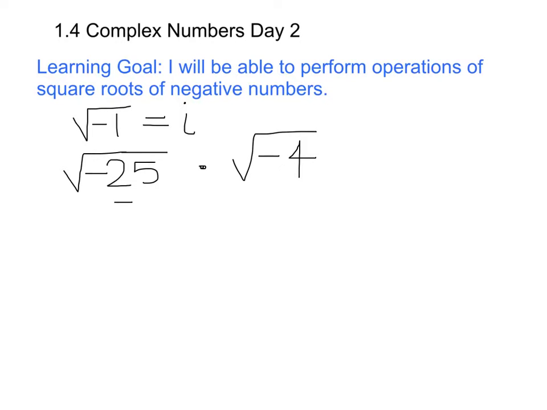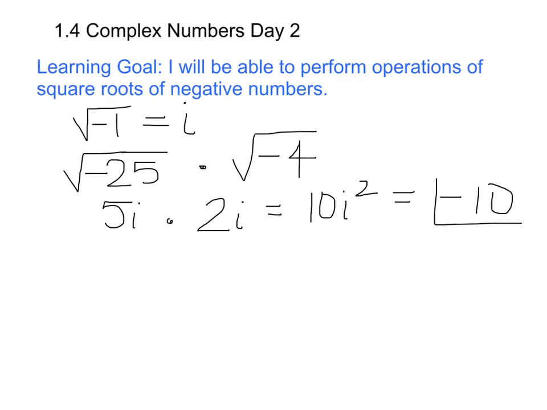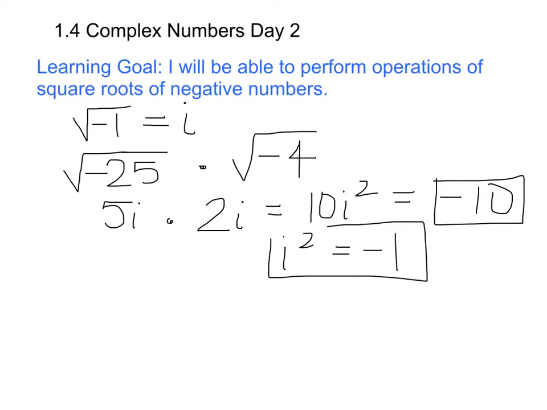So this will be 5i times 2i, which will give you 10i squared, which equals negative 10. And that's because i squared equals negative 1. Okay? So you cannot multiply those together to make 100. You have to simplify it first.